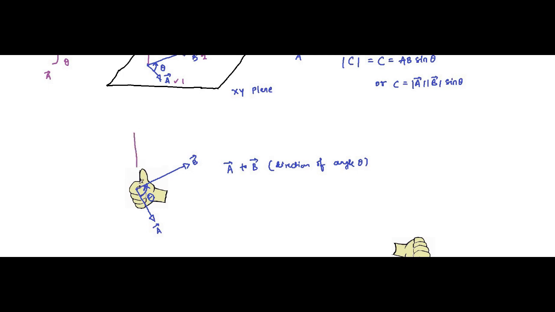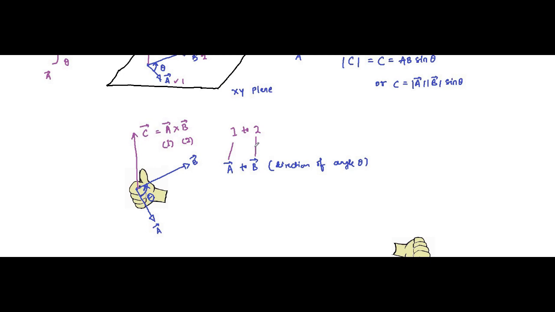C vector is equal to A vector cross B vector. Here A vector comes first, B vector comes second. Direction of angle theta is from A vector to B vector, first to second.